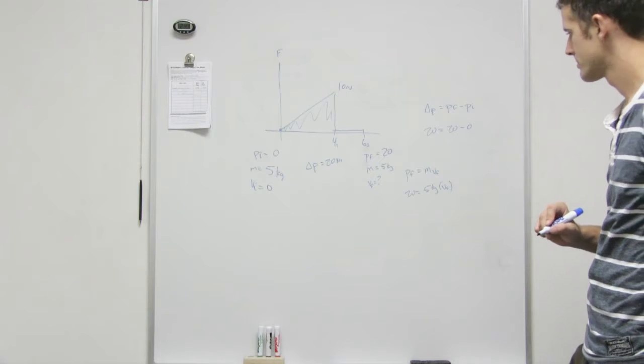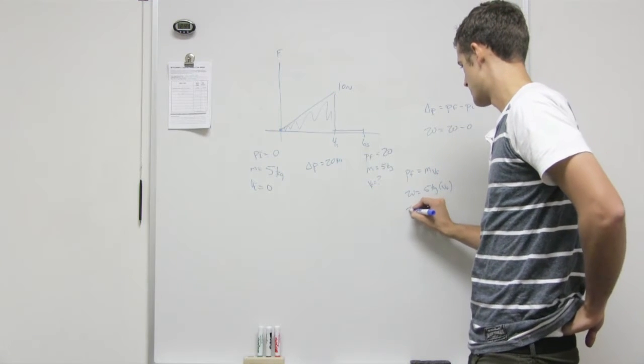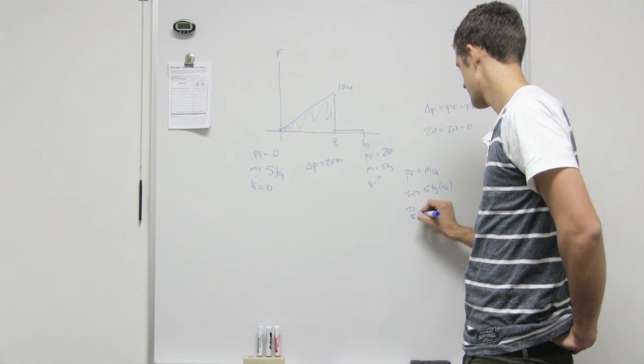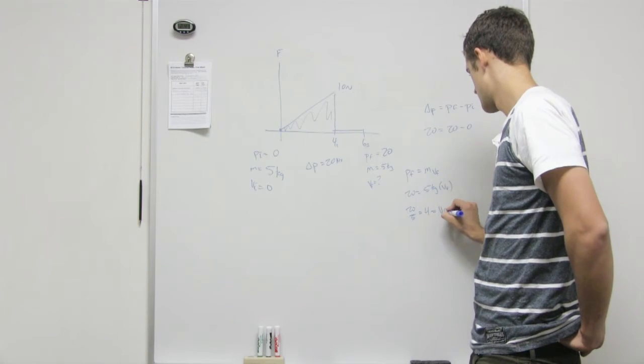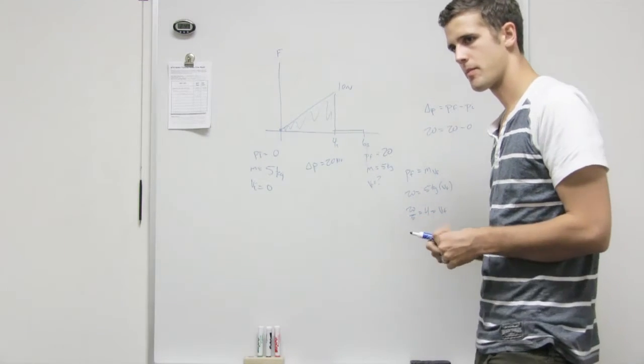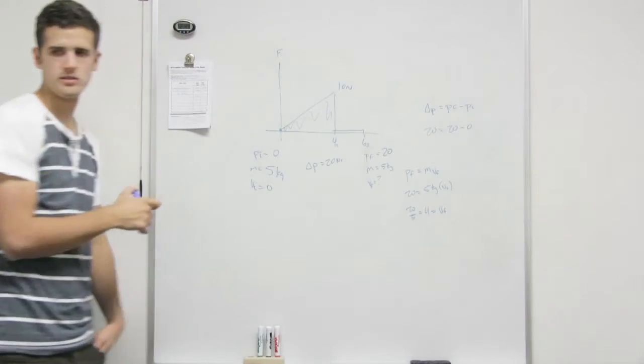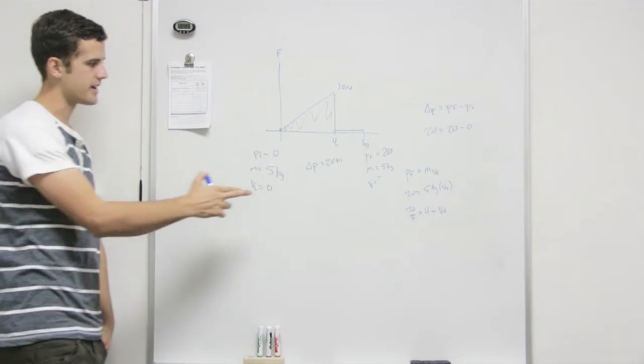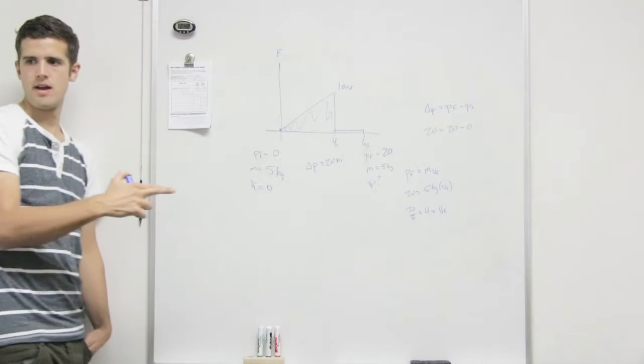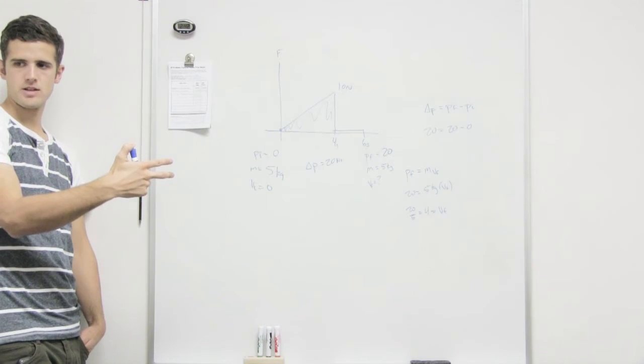So it's 20 fifths, which is 4. Okay. So you started out with a mass times a velocity, you added some change to that, and you end up with a mass times a velocity.